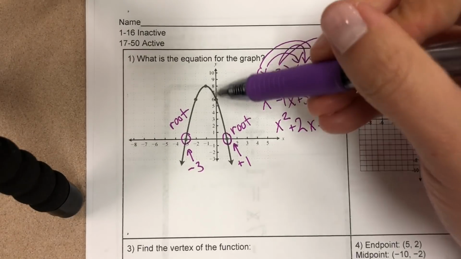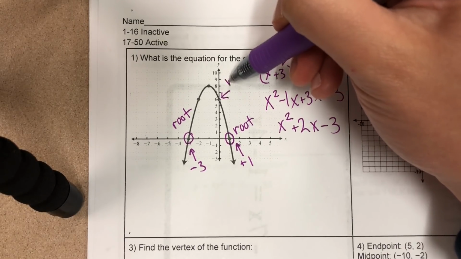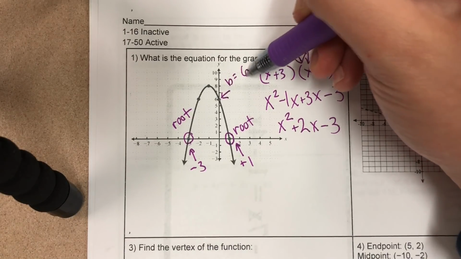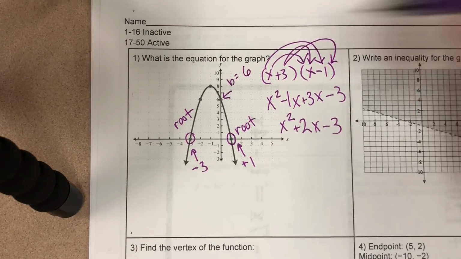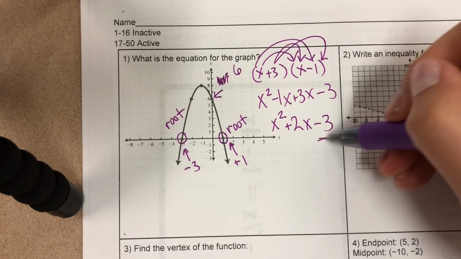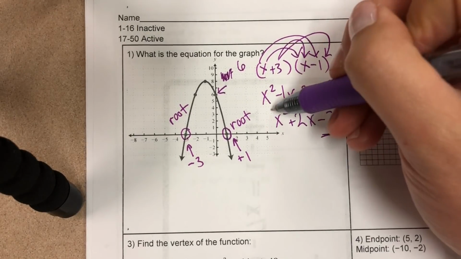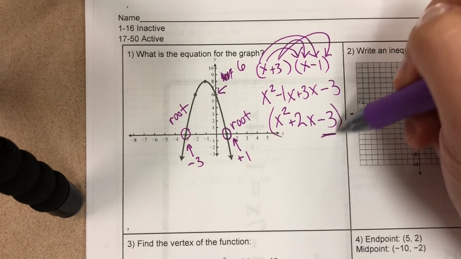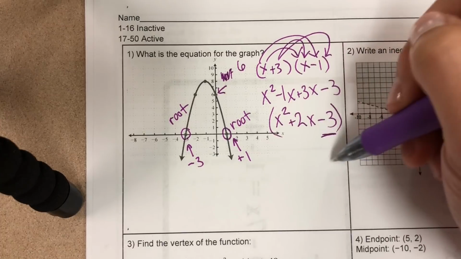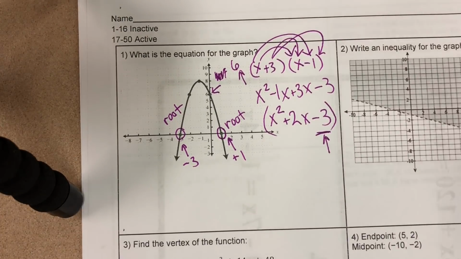But I know this cannot be this, because right here, I see that the y-intercept is 6. Sorry, get rid of this b. The y-intercept is 6. Now the y-intercept right here is -3, and we know that these two are not the same. So what number can I multiply this entire thing by so the y-intercept is equal to this?